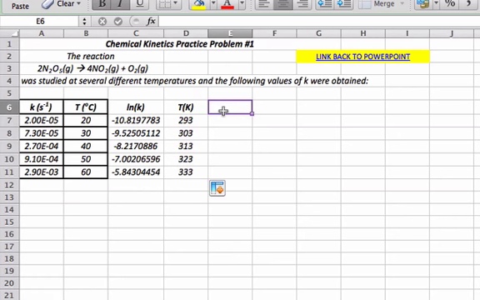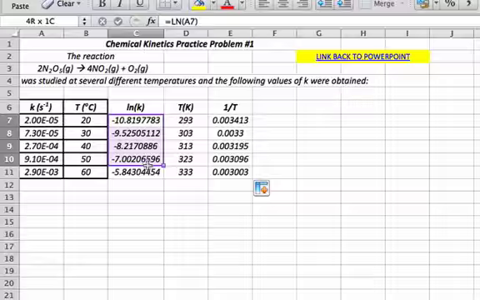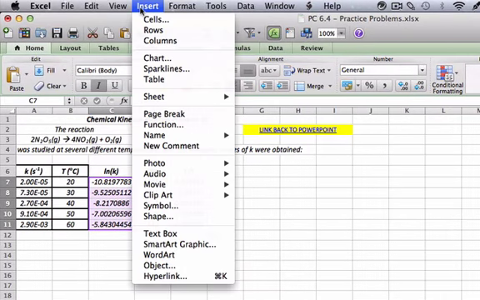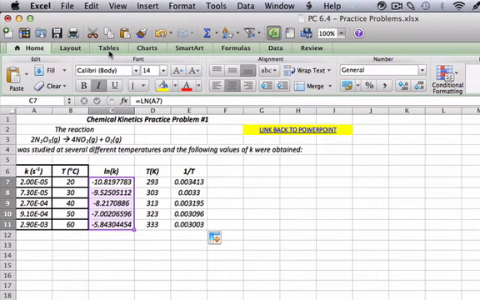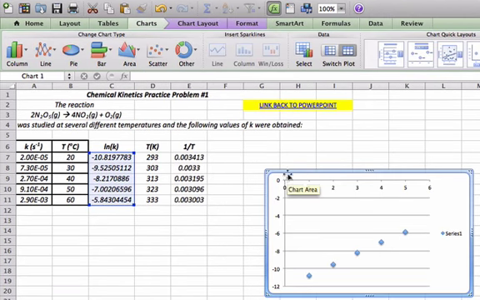And then I need to plot 1 over the temperature in Kelvin. So for here, I'm going to take equals 1 divided by my Kelvin temperature. And there's my value right there. So what I'm going to start with is I need natural log to go up the side. So I'm going to set that. I'm going to go to Insert, Charts, Scatter. And there's that.